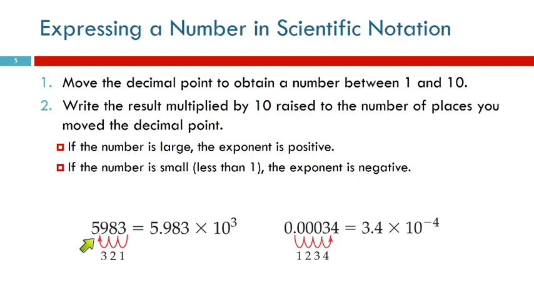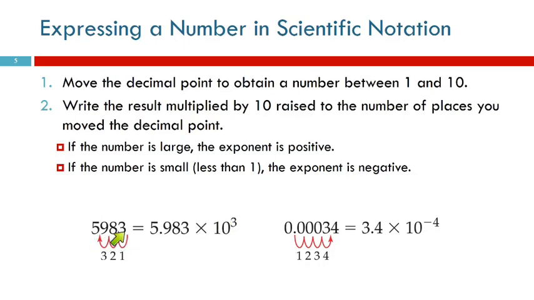So two examples here. This number, 5,983, can be expressed in scientific notation. What we're going to do is move the decimal point so that we make the number between 1 and 10. So the decimal point is always going to go after the first non-zero digit. So we put the decimal point there, and then we write times 10 to the something, and the something is how many places we moved the decimal point.